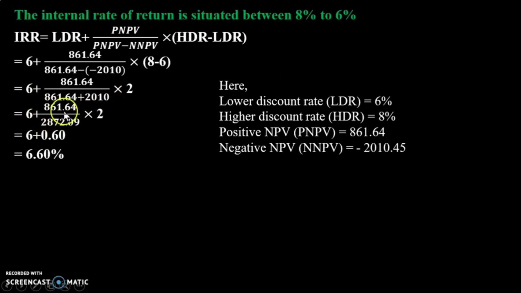Now 6 plus 861.64 divided by 2,872.09 and into 2. Now we found the value 6 plus 0.60 equals 6.60%. This is the value of IRR.